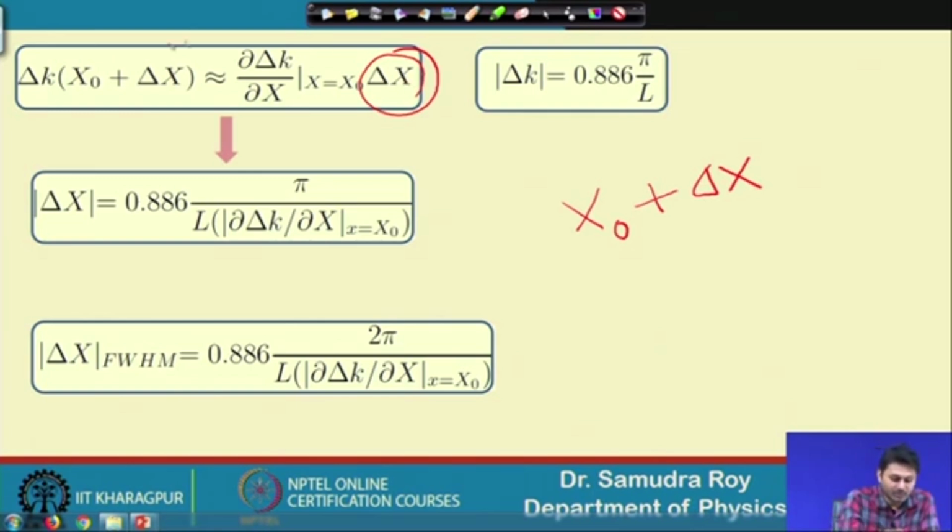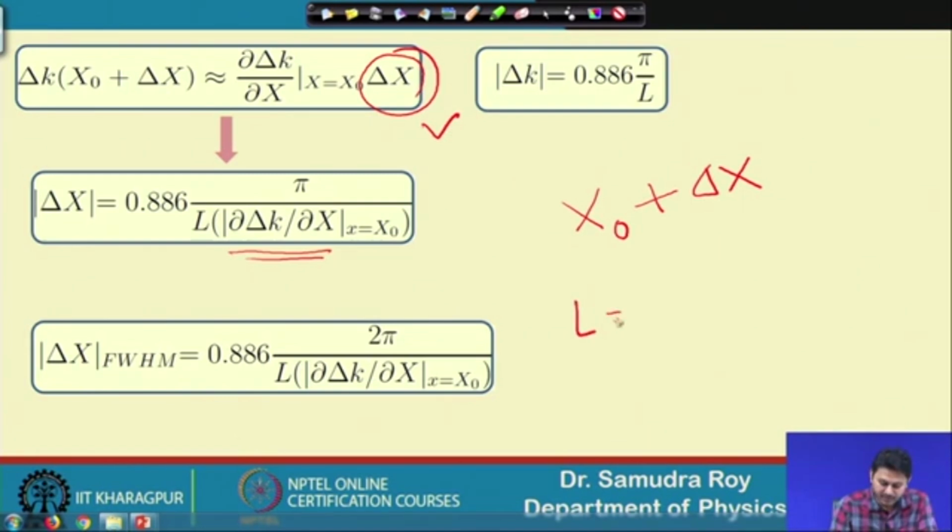If I now calculate from this, delta k is this amount. If I put delta k equal to 0.886 pi by L, then 0.886 pi by L divided by this quantity basically gives my delta x. So, the delta x tolerance, or delta x for half maxima, is this amount.